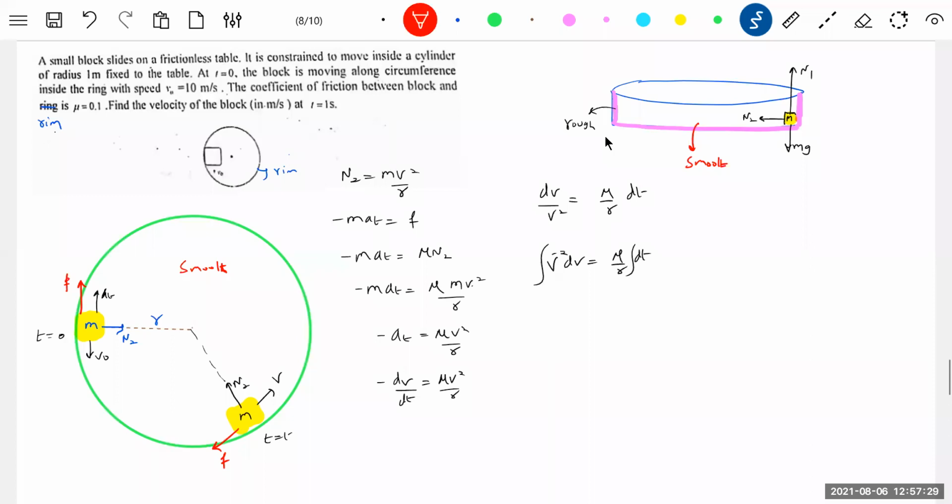At t equals 0, it was given velocity v0. At any time t, let v be the velocity. The integration of this will be v to the power minus 2 plus 1, minus 1 by v, with v0 to v limit.